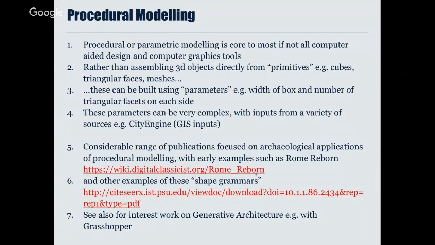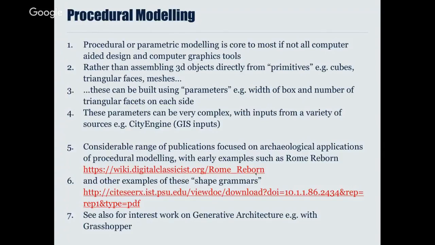Those parameters might be, as I've got there, you might be creating a box, and the parameters are the size of the box and the number of facets, triangular faces that make up each side. Actually, professional modelers use a combination of this kind of parametric approach and a very fine-grained direct modeling approach to get the best results.